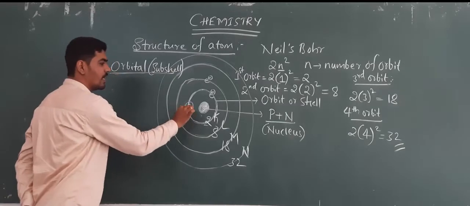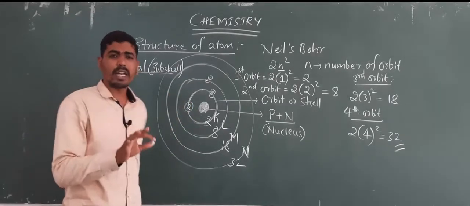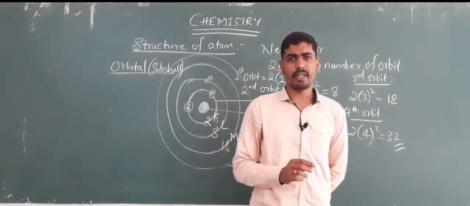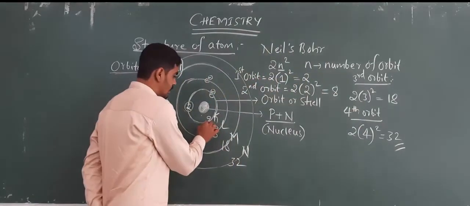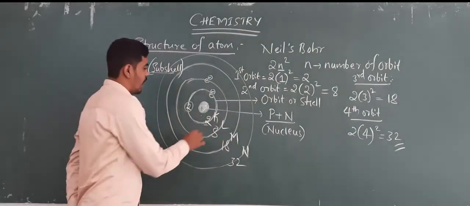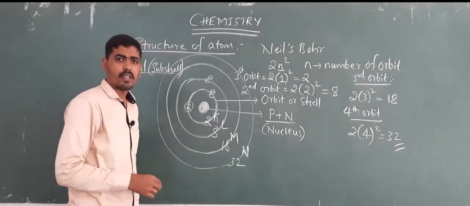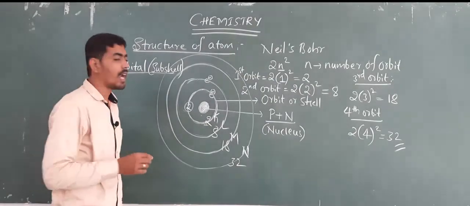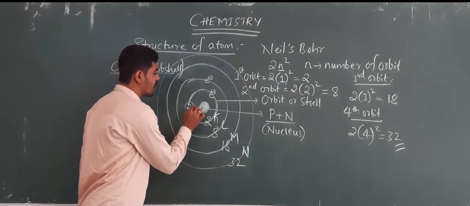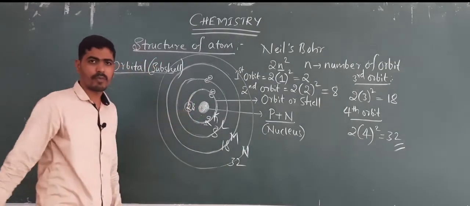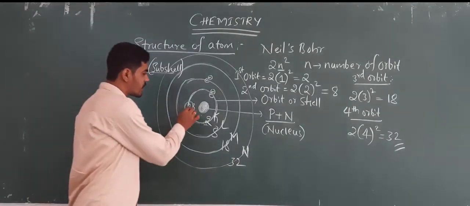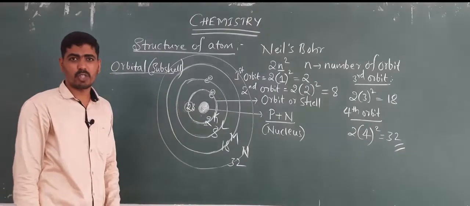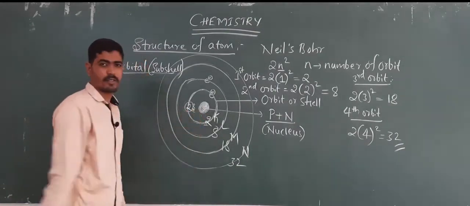There will be a possibility of 2 electrons in each subshell or orbital, and hence since 2 electrons are present in the first shell, there is only one subshell, and that subshell is named S. Okay. So in the first shell there is one subshell, that is S.